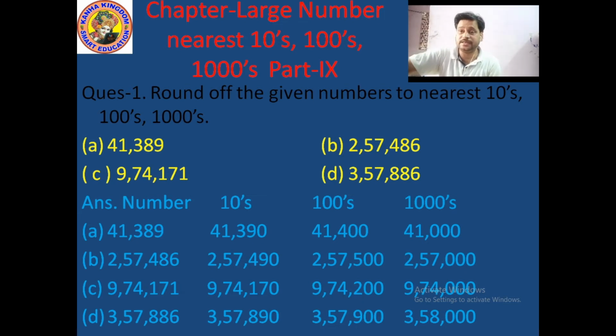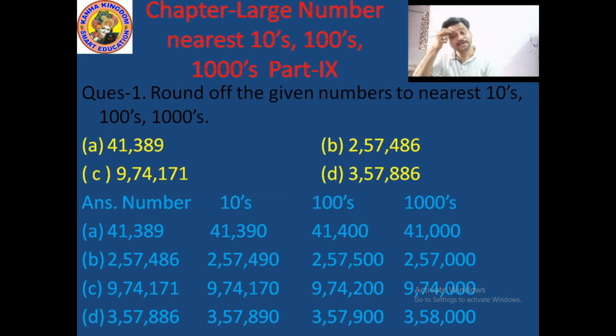Okay. Now nearest 100. In nearest 100 you check the tens place and hundreds place. Which digit is in tens place? Yes, 8 in tens place. You see that 8 is also bigger than 5. So you convert the tens place and ones place into 0, and you add one number in the 100 place.